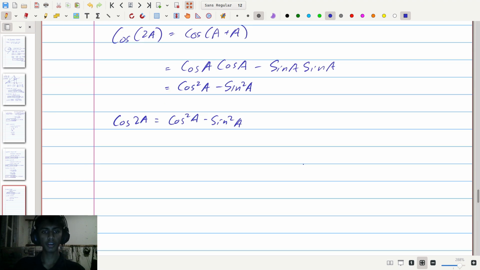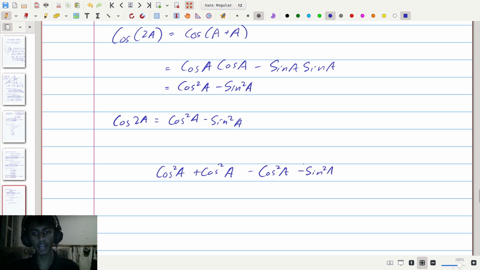Considering this thing, what will happen if I add a cosine squared and subtract a cosine squared of a? Well, we get cosine squared a plus cosine squared a minus cosine squared a, because remember we're adding and subtracting the same thing, and then minus extra sine squared a that we had earlier. So here we group these two cosine squared a's together and write 2 cosine squared a, and then here we have minus cosine squared a minus sine squared a.